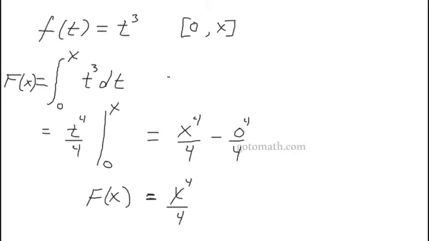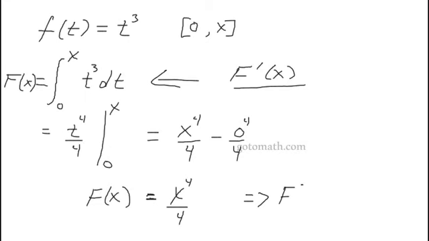Well, let's say that right here we were actually asked to find F prime of x. So we're given this piece and we want to find F prime of x. Well, we'd have to take the integral of it first, and then we got our capital F of x, but what we'd have to do now, if we wanted to find F prime of x, is take the derivative of this.